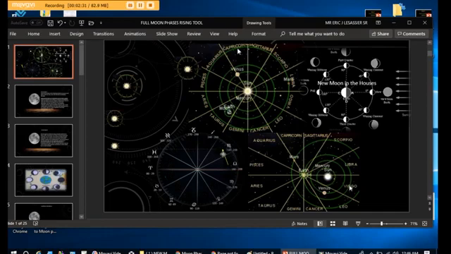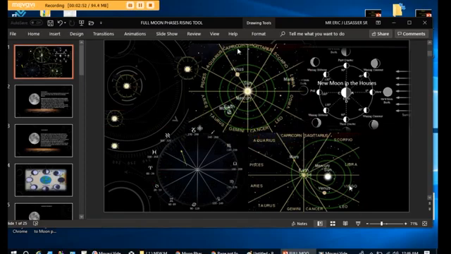First of all, looking at our seasons, the sun transit goes through, let's say each house is 30 degrees, right? And 30 times 12 is 360 degrees. So that puts all of the signs at 30 degrees.